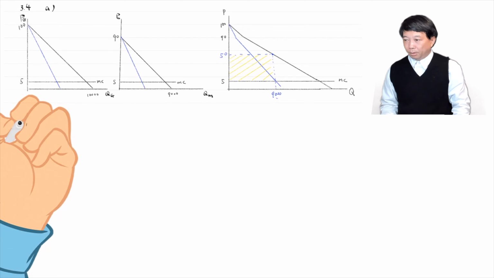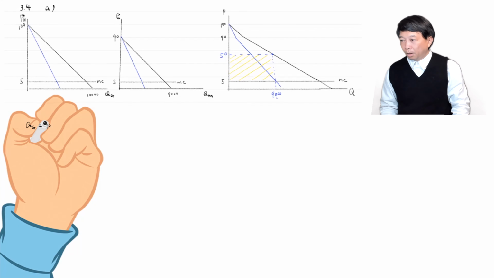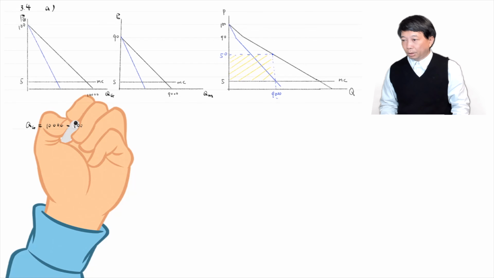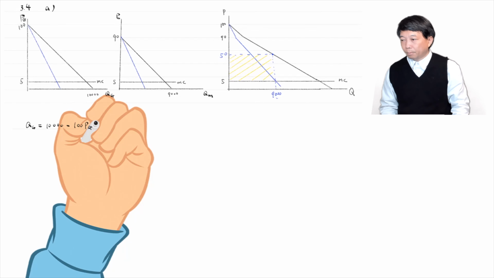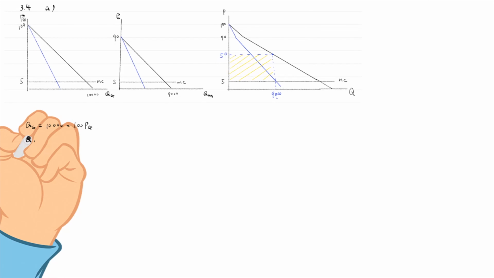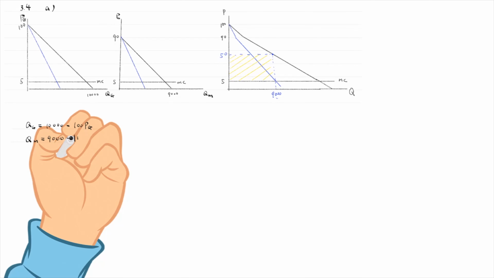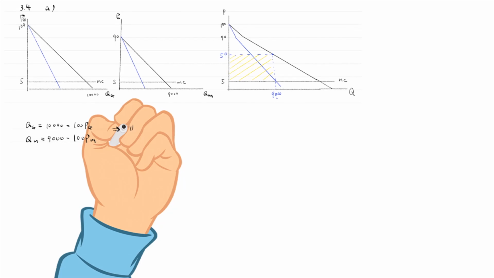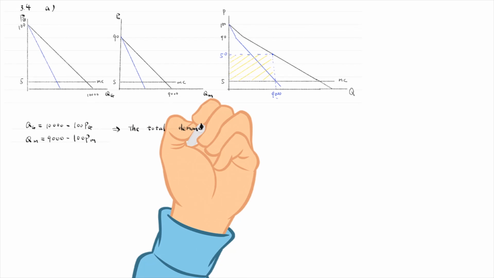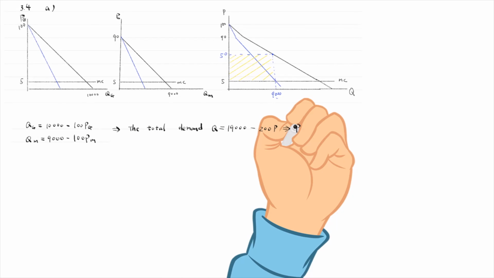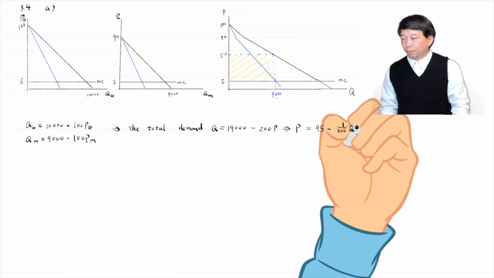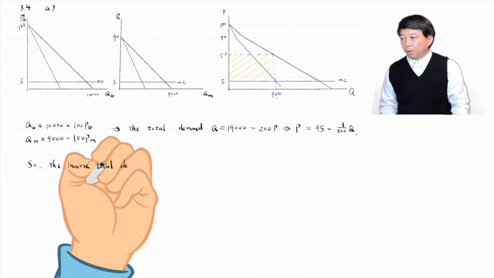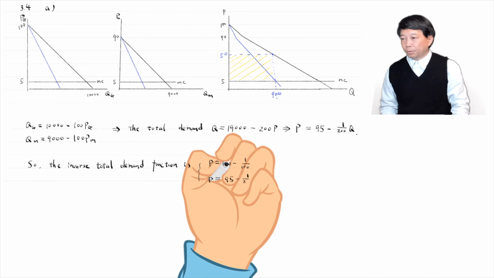The total demand is the horizontal sum of the individual demand for the two groups of consumers. So, the inverse total demand function is as follows.